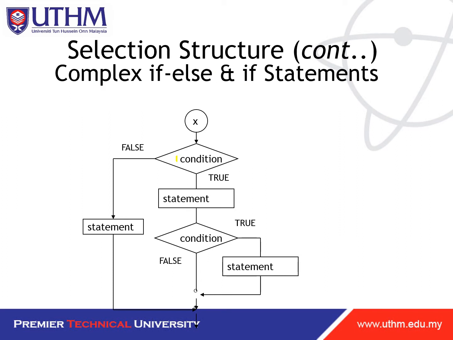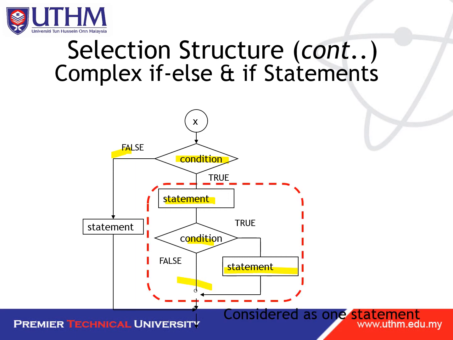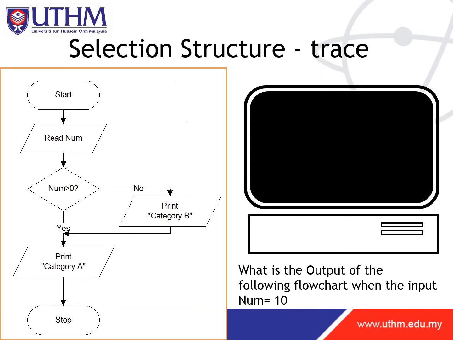This is the first condition. If it is true, you go to this, or else you go to false. Inside this statement you have another condition. If it is true, you go to this, and it will go to this. This one is considered as one statement.